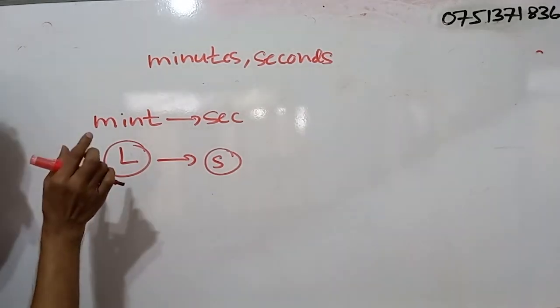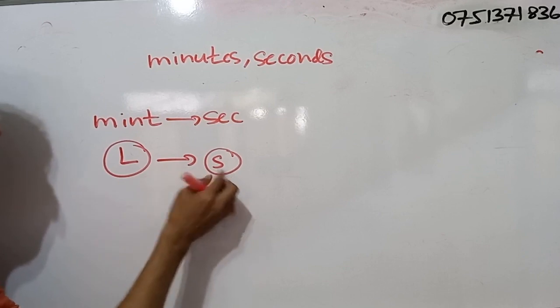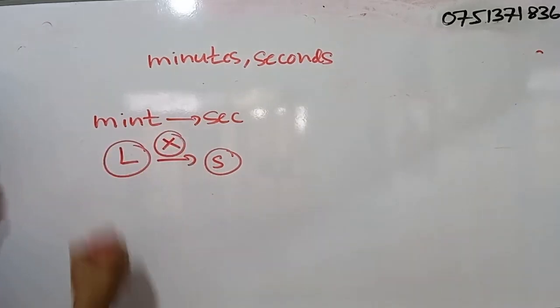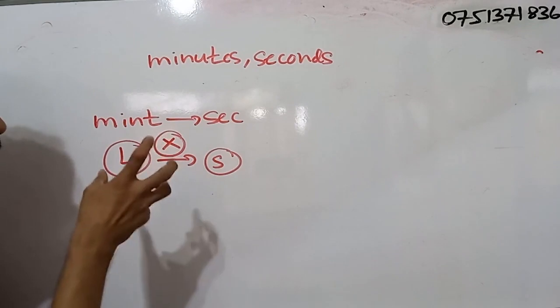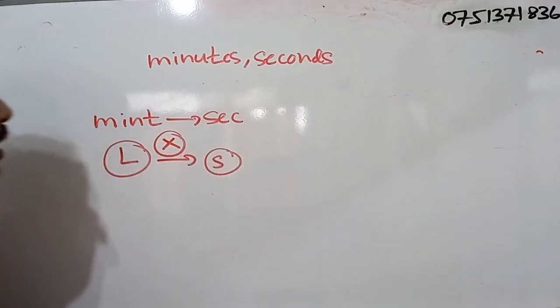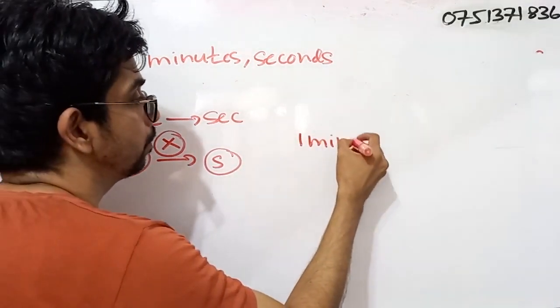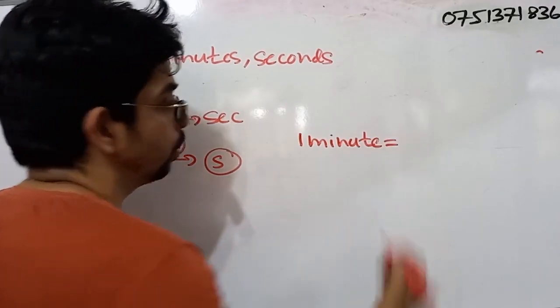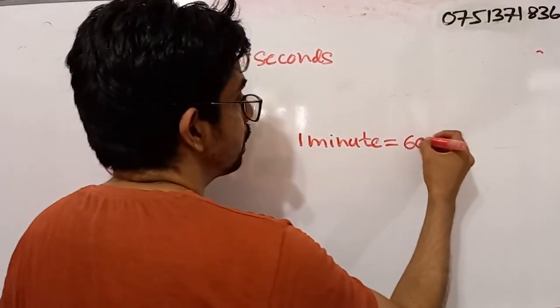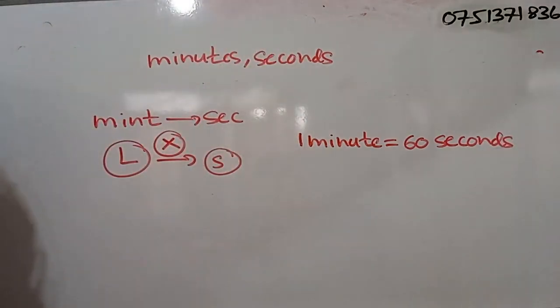Whenever we have to convert a larger unit into a smaller unit, what do we have to do? We have to multiply, but by what amount? For that we need the relationship. We know 1 minute is equal to 60 seconds.